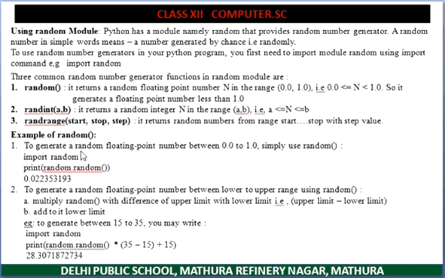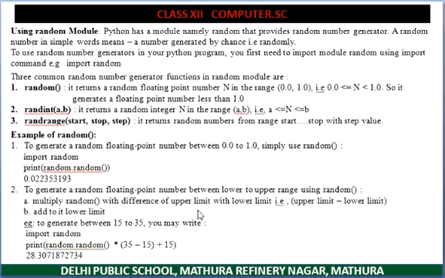So first, random. To generate a random floating point number between 0 and 1.0, simply use random. So first line import random, print random.random(), and it will generate a random number between 0 and less than 1.0. So that is an example of random. Second example, to generate a random floating point number between a lower and upper limit, use random. For this you have to follow two steps.